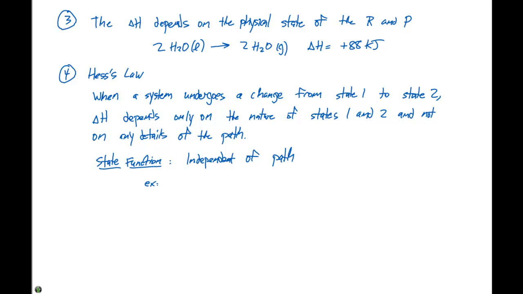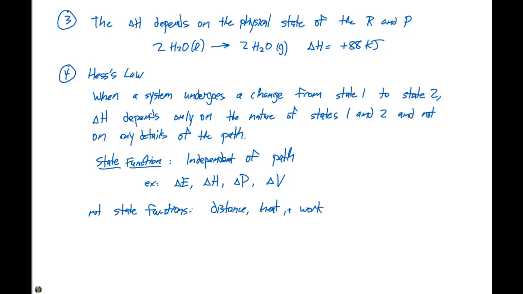Some examples of state functions are delta E, delta H, delta P, and delta V. Some quantities that are not state functions are going to be distance, heat, and work.